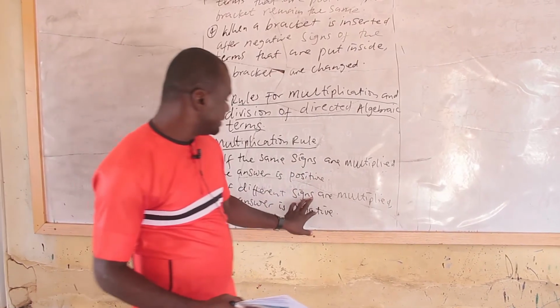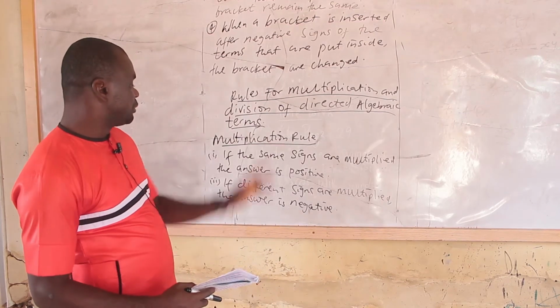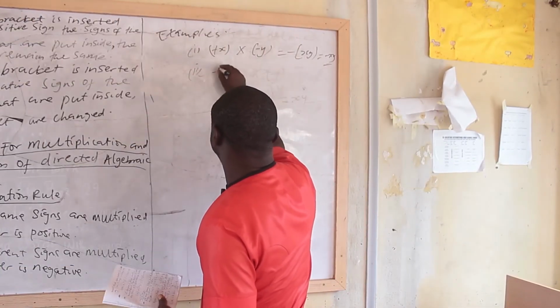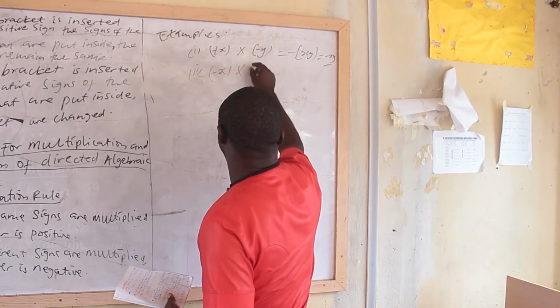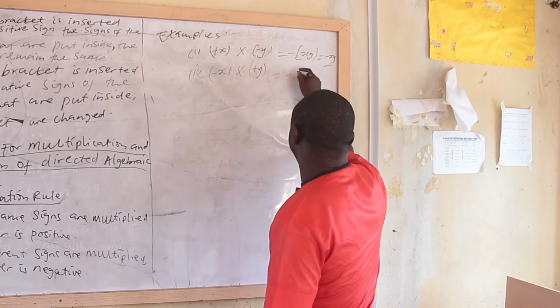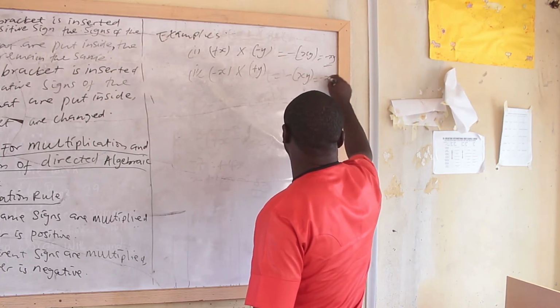If different signs are multiplied, the answer is what? Negative. Let us see the examples. Minus x multiplied by plus y, we have minus xy.